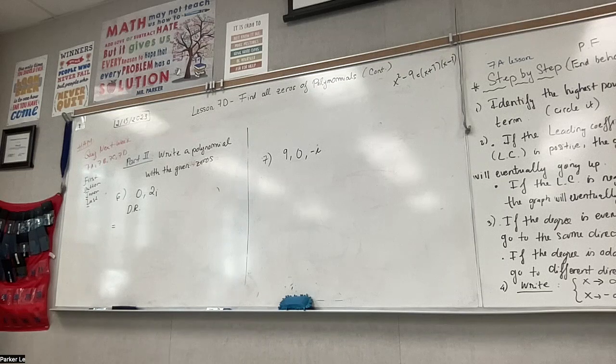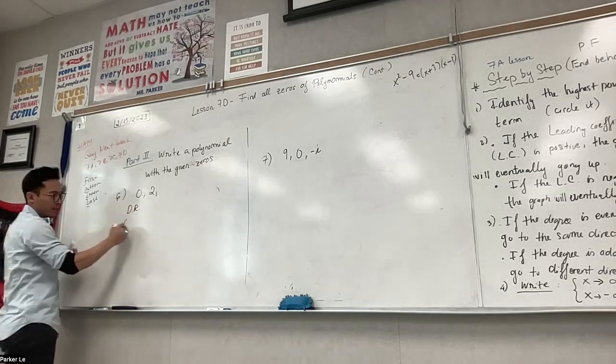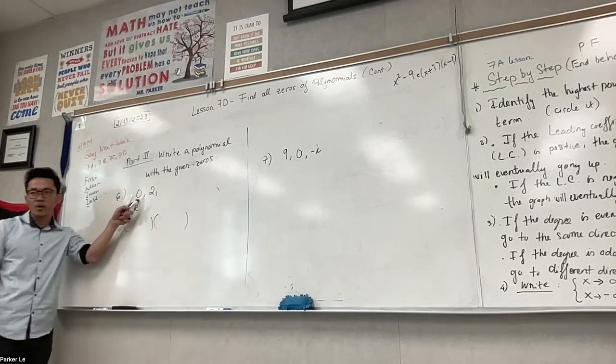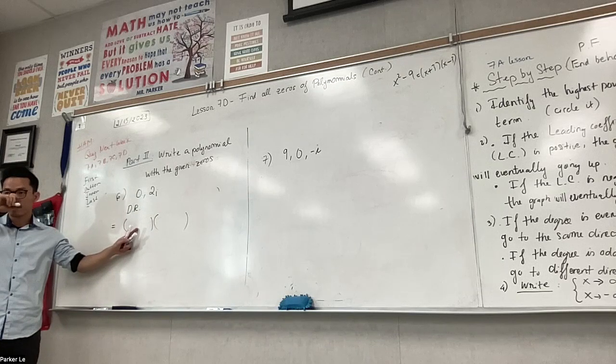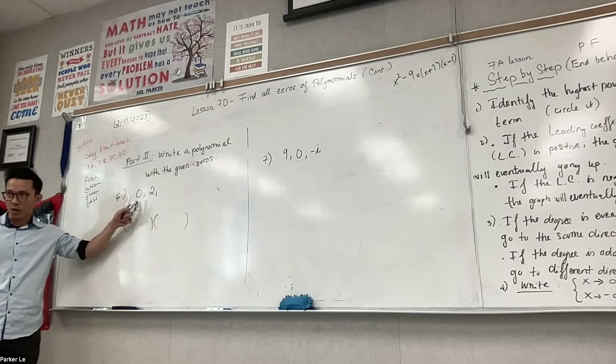Okay, let's just say how many solutions you have here? 2, right? Now 0 is one of the solutions. So what is here? 0. What would be here so that 0 is the solution?